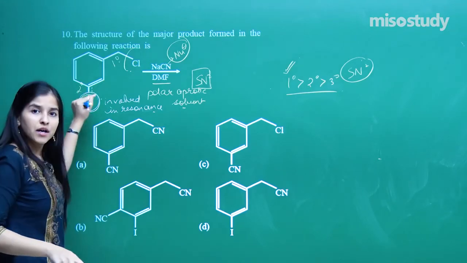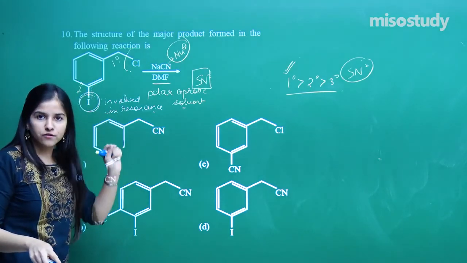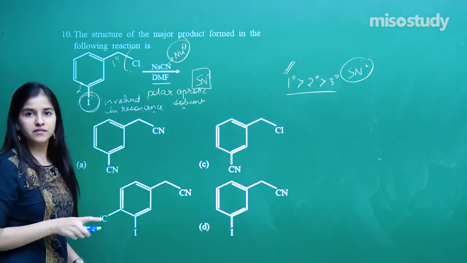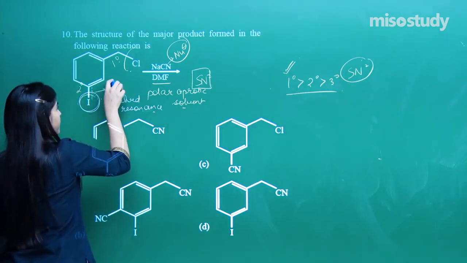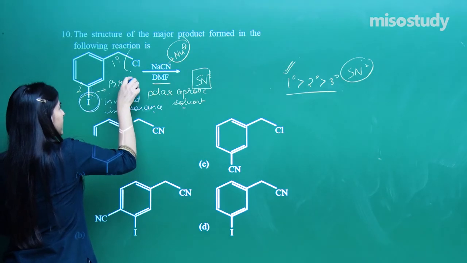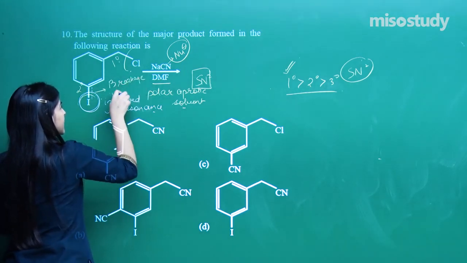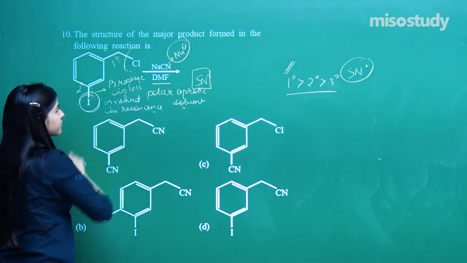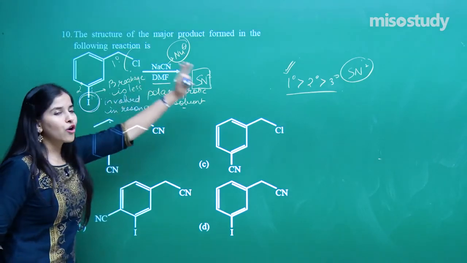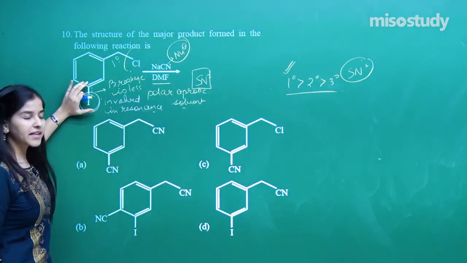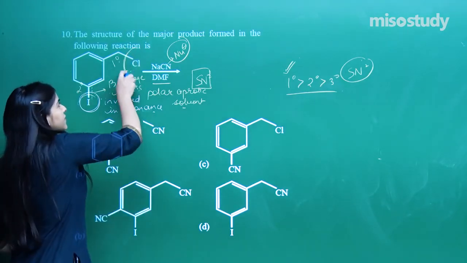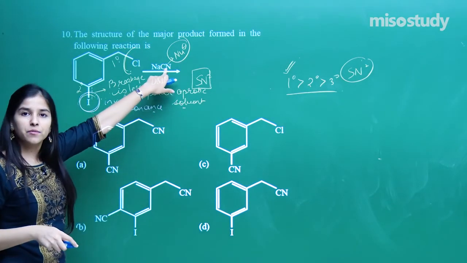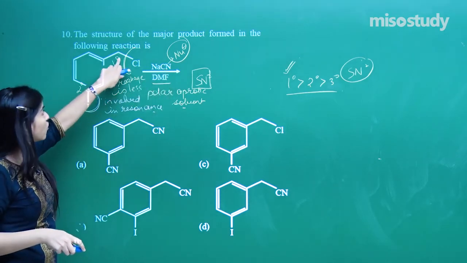That means the possibility of breakage of this very bond is slightly less. So breakage is less. So considering all the factors, this group over here will not break. What will break is this. The replacement will be the substitution reaction with the CN.